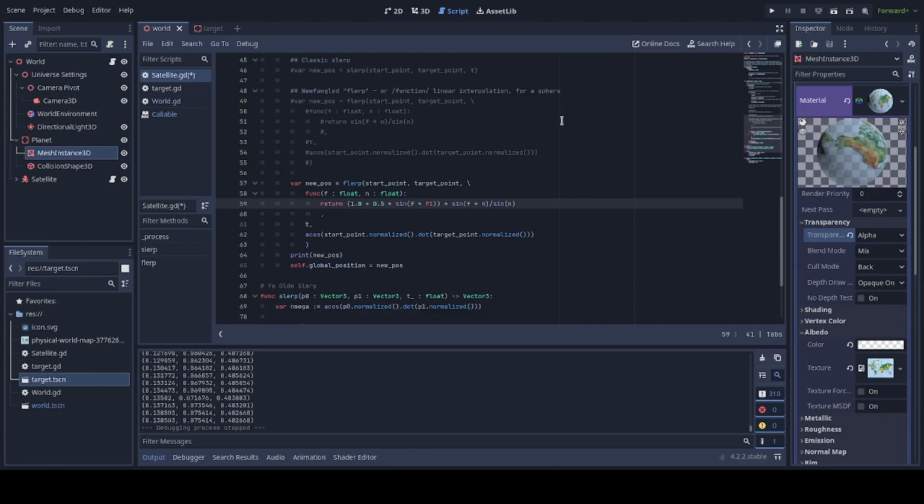So this is going to go from 0 to 1 back to 0 along the transition. We want 1.0 plus 1/2 of that, so it should go from 1 to 1.5 back to 1. And this is all multiplied by this value, which is what we used to get our original point.